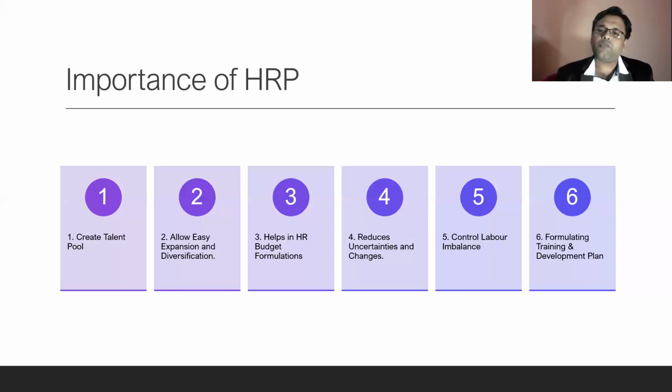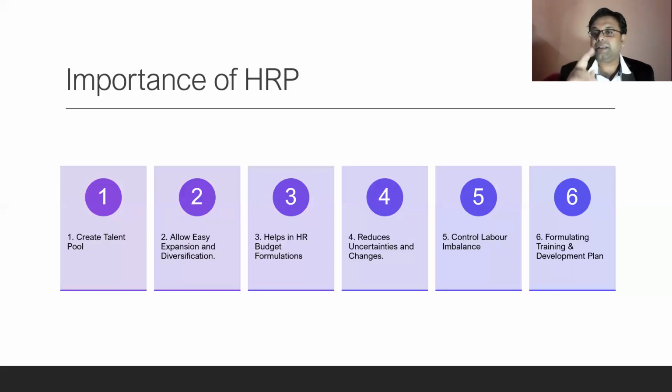And the next one is formulating the training and development plan. HRP is always going to give you an idea of what kind of training and development plan needs to be implemented. As I've told you in that simple example, 70 employees are required with Minitab and SPSS. Out of the existing 100 employees, 50 know and 50 don't know.